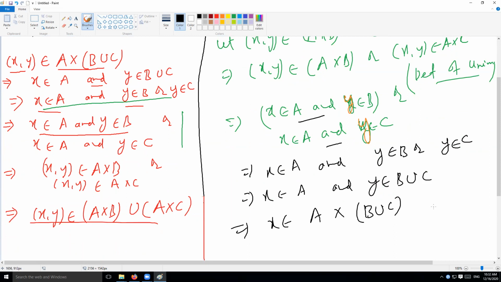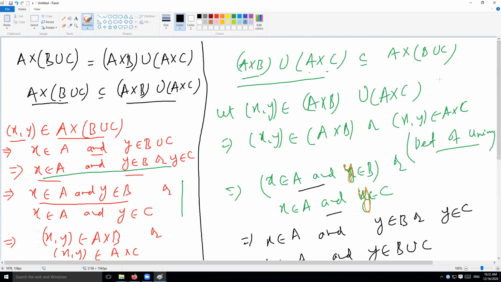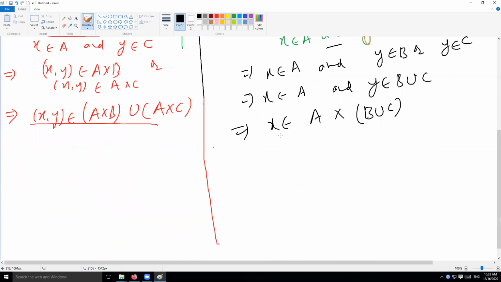Okay. So this really shows that this identity is also valid. And if both sides are subsets of each other, like this side is a subset of this and this is a subset of the other, then they must be equal to each other.